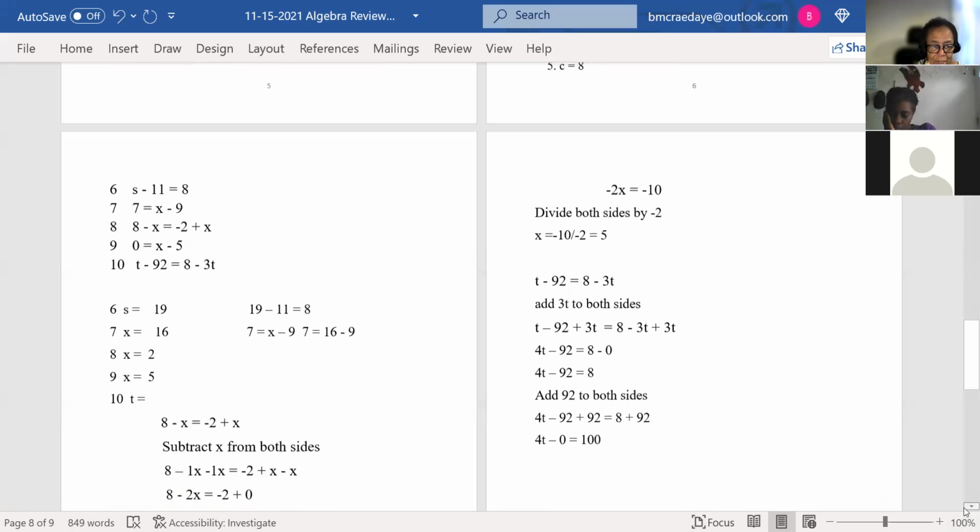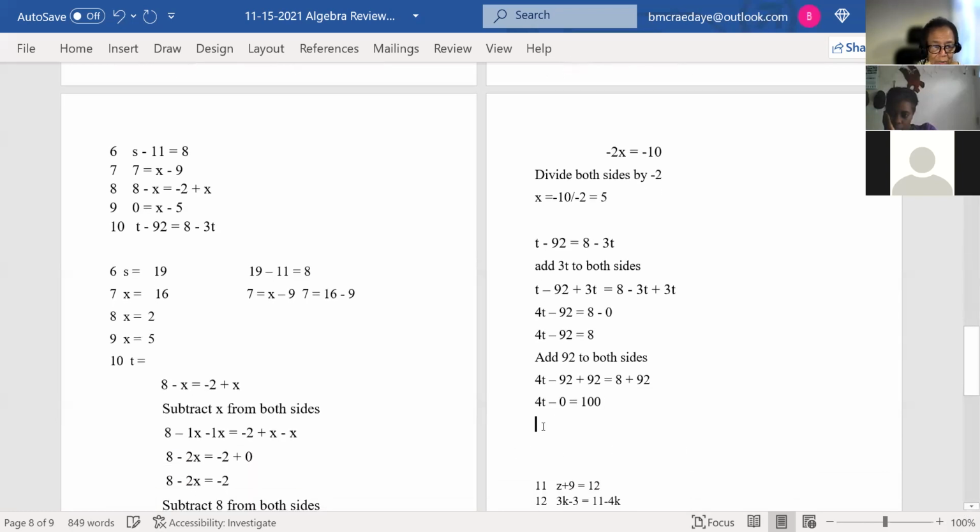So what is t equal to? That's simple. You don't even have to do it. Only one number times 4 gives 100. T is equal to 25. That's right.